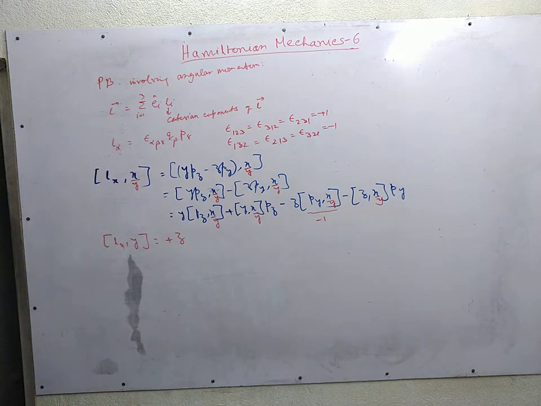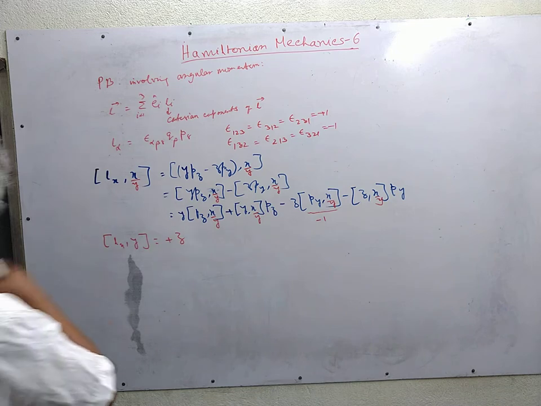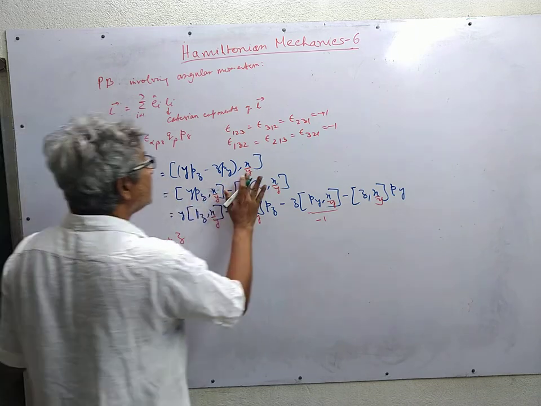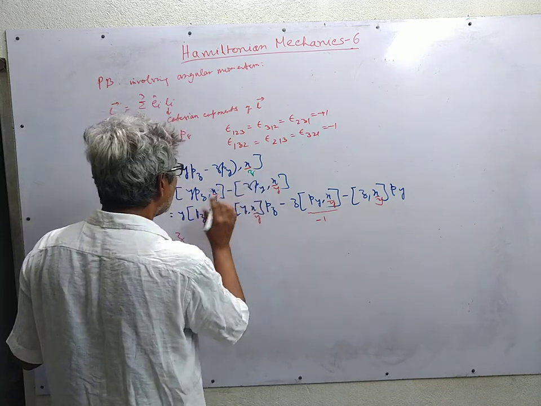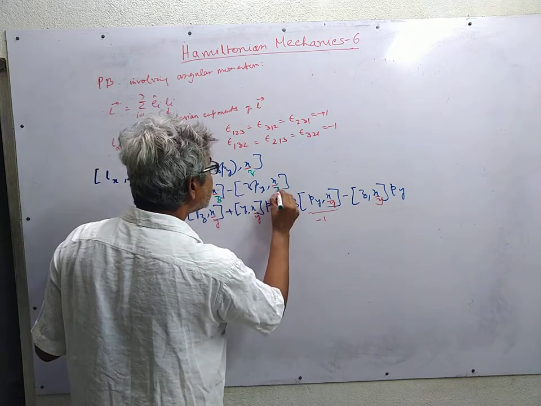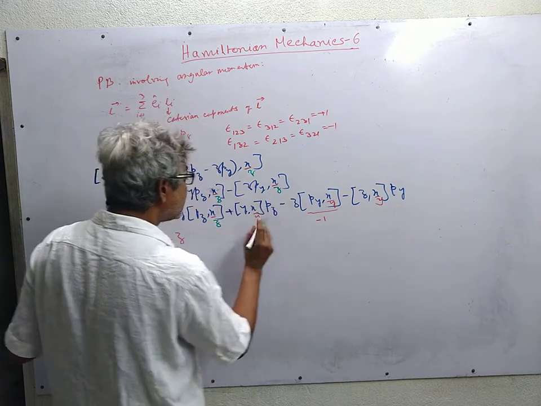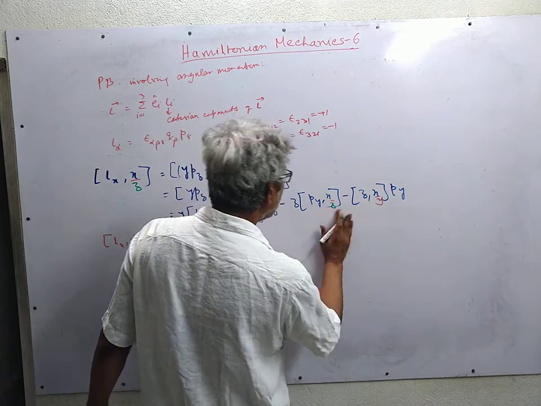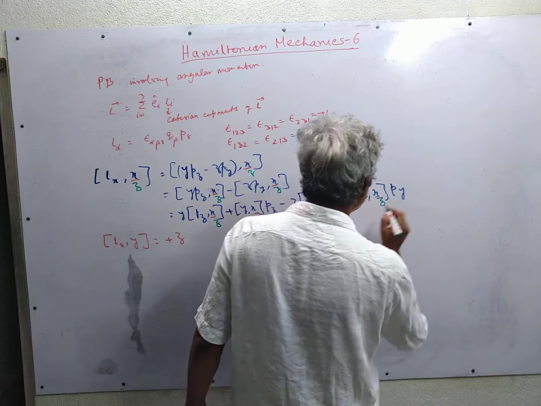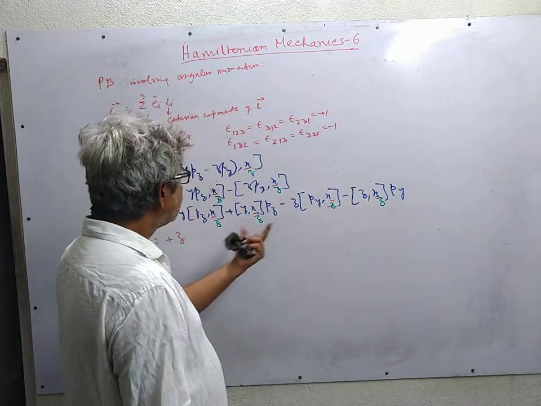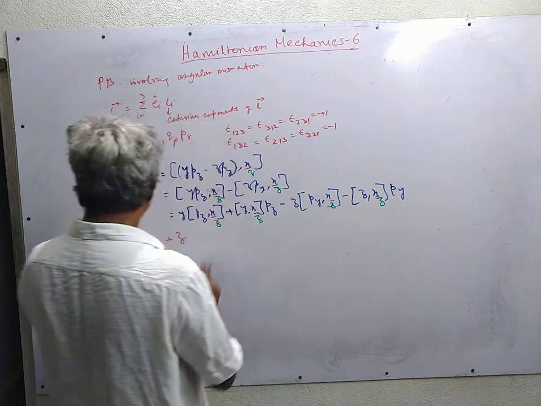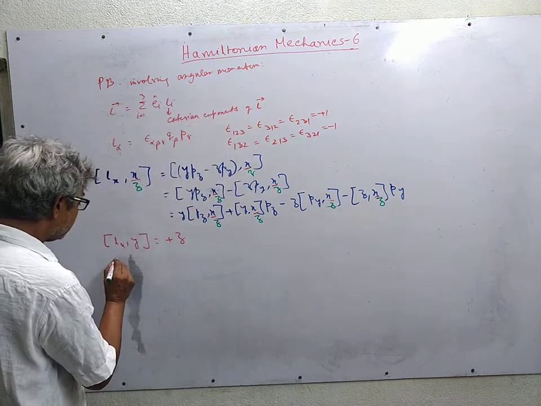And if we replace x by z, the corresponding changes will be similar, this is 0, this is 0, this is 0, and the only term is this, which will be minus 1.